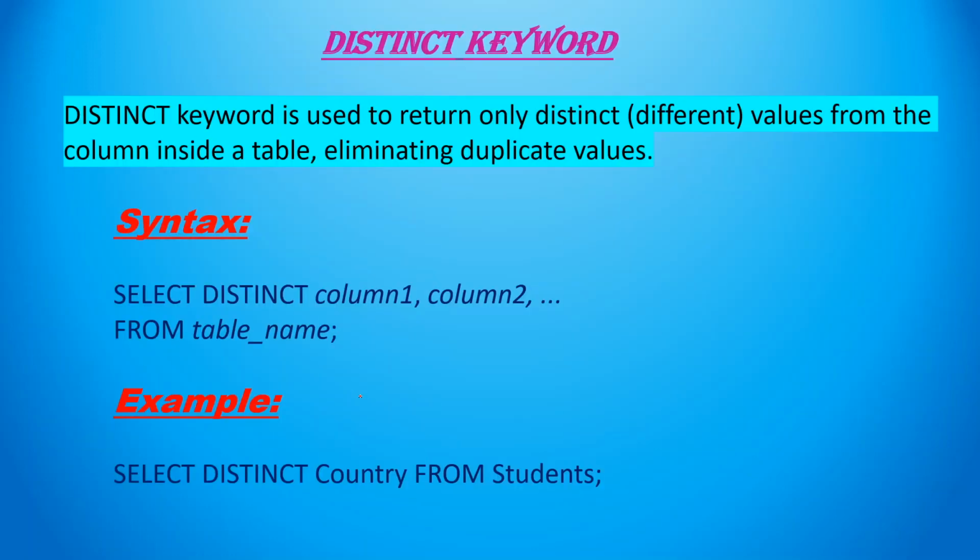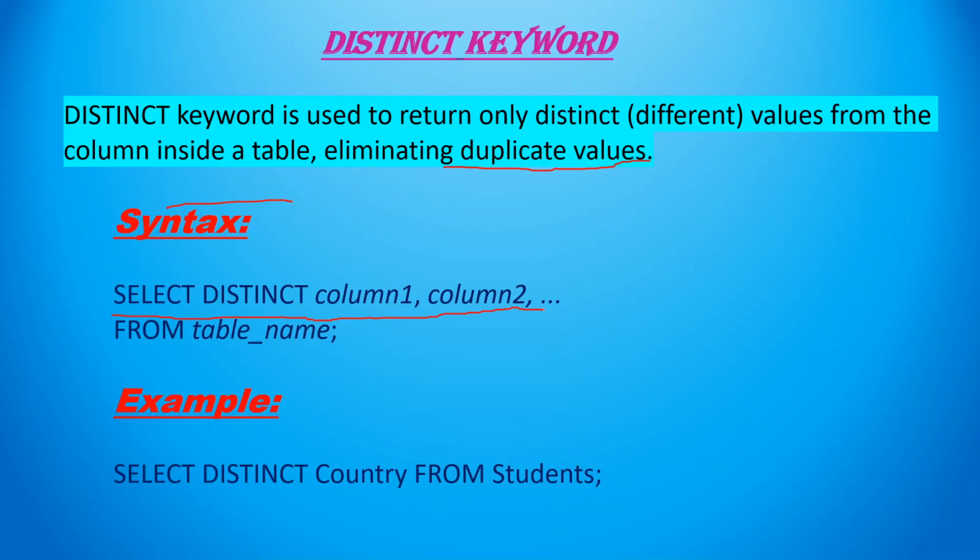Next is the distinct keyword. Distinct, as you all know, only returns different values by eliminating duplicate values. Whenever you apply a distinct keyword in your condition, it will never include duplicate values in your result set. Here, select distinct.